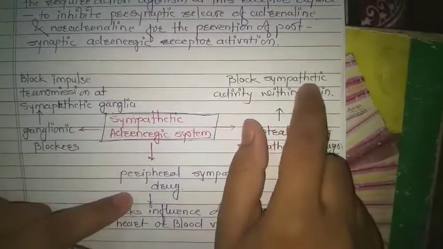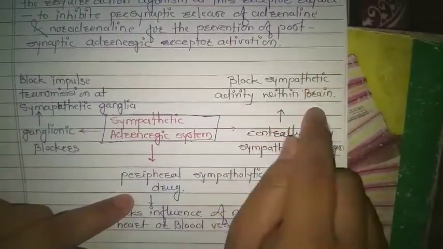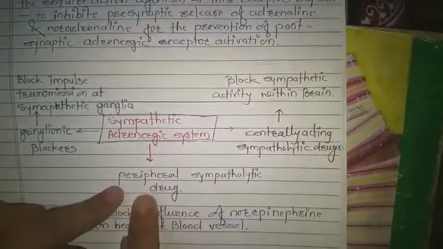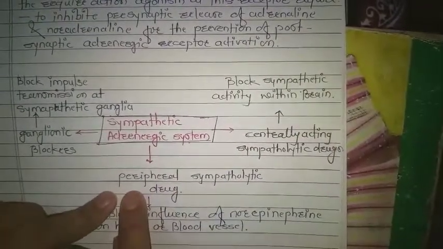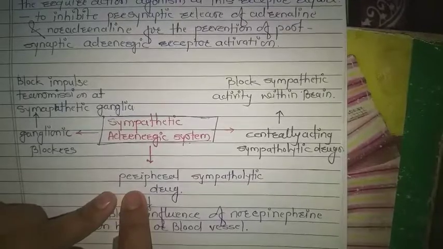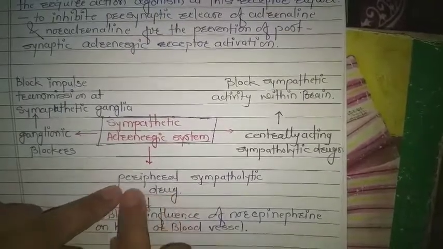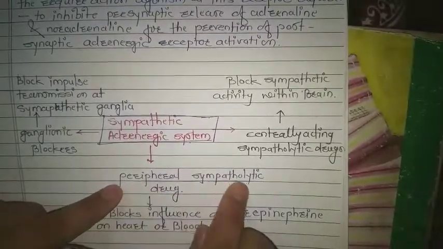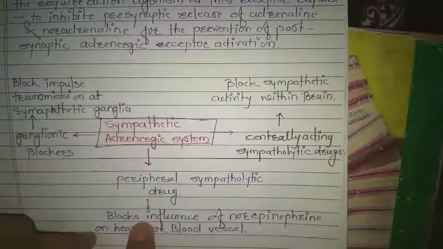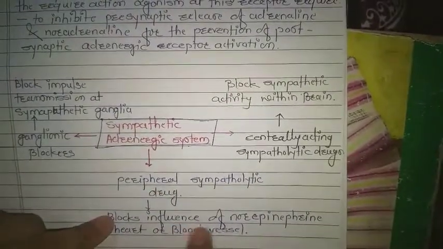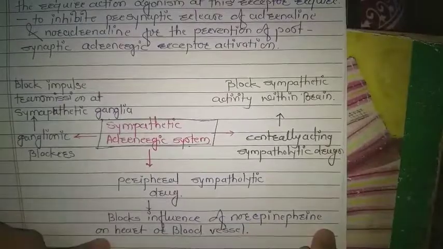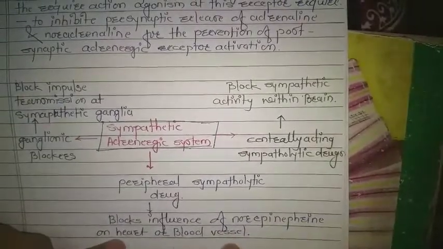It blocks the sympathetic activity within the brain. Then, as a peripheral sympatholytic drug, it blocks the influence of norepinephrine on the heart or blood vessels. Okay.